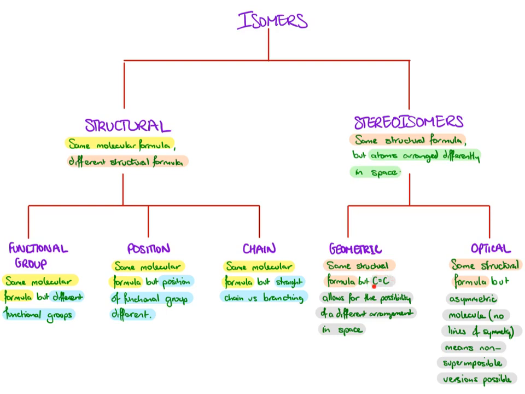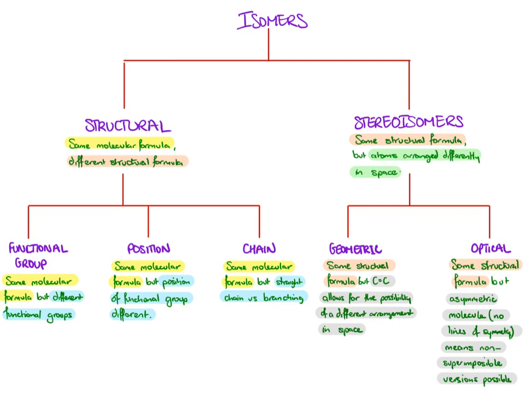That carbon double bond lacked the ability to rotate. There was no free rotation, which allowed for the possibility of a different arrangement of atoms in space. We classified those different arrangements using the prefixes E and Z. So we could have an E isomer or a Z isomer, and it was all about priority, comparing the positions of the highest priority groups either side of the carbon-carbon double bond.